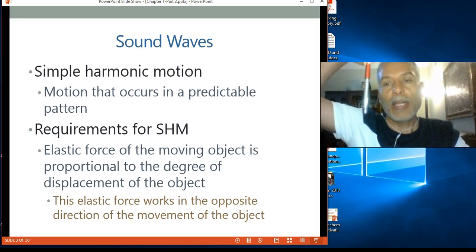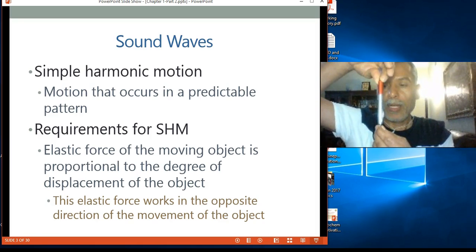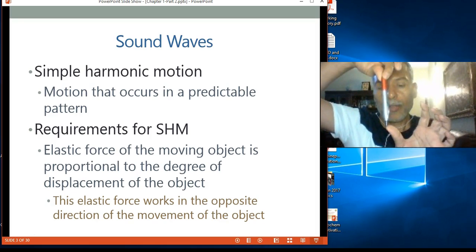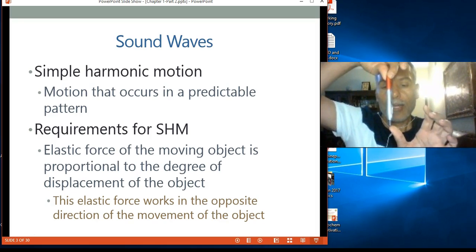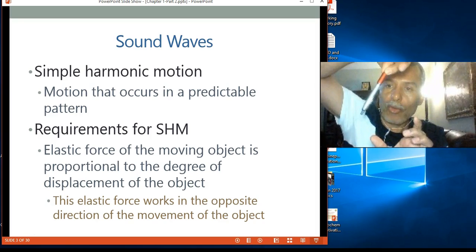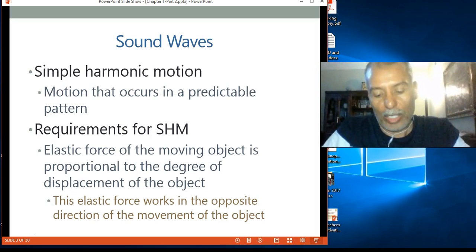And if the movement from rest to my left side is 3 inches, then when I go back to rest, the movement on my right side will also be 3 inches. So they are equal on both. That makes one cycle of vibration or one cycle of oscillation.